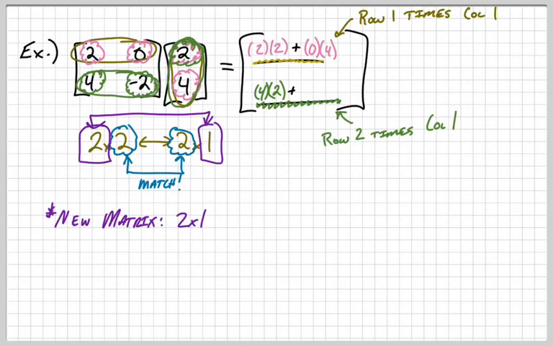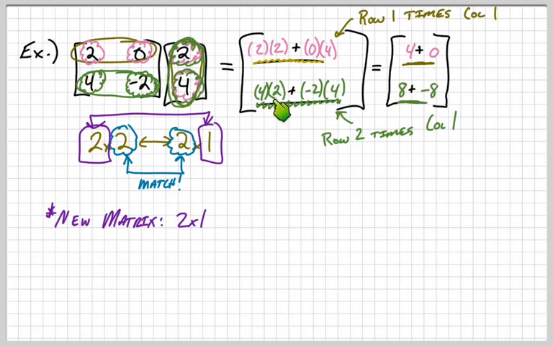That's going to get multiplied by the 4 over here. Okay. Now let's just simplify these terms. Let's see. We've got 4 plus 0 up here. That's easy enough. And on the bottom here, we've got 8 plus negative 8. So our final answer for our 2 by 1 matrix is 4 for the first entry and 0 for the second entry. There you have it.